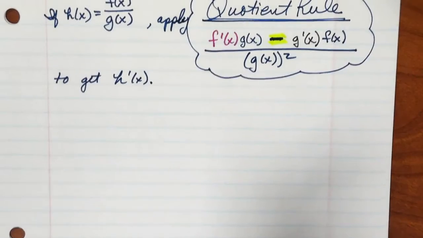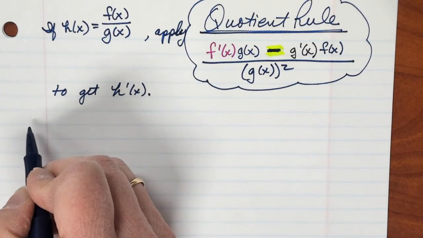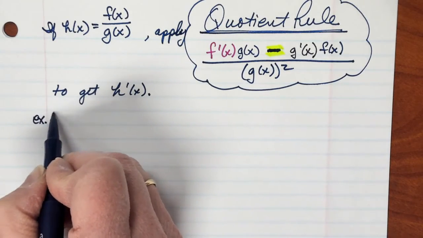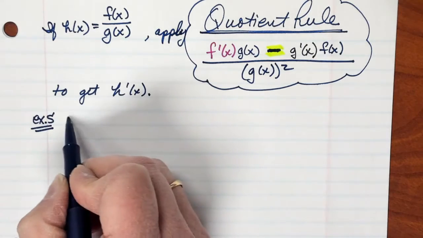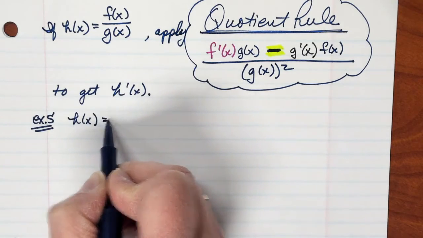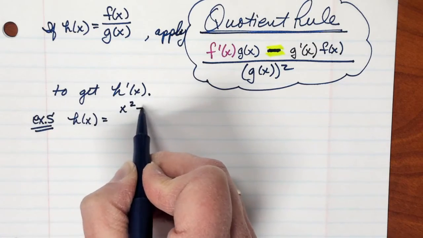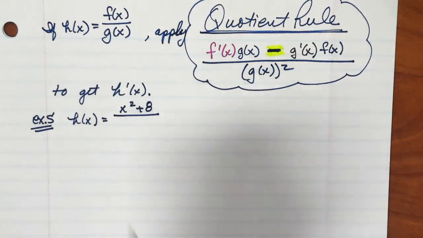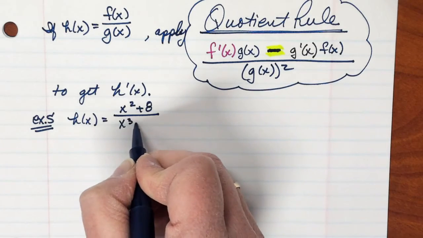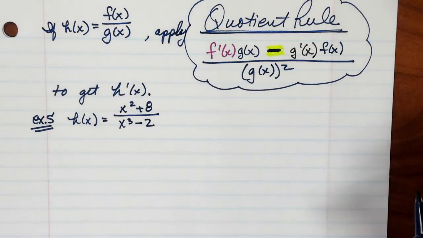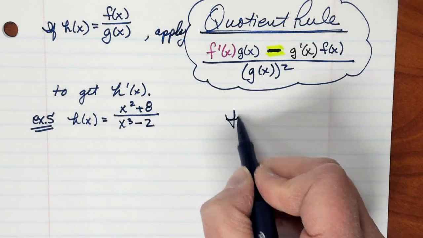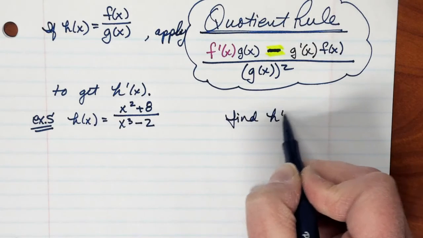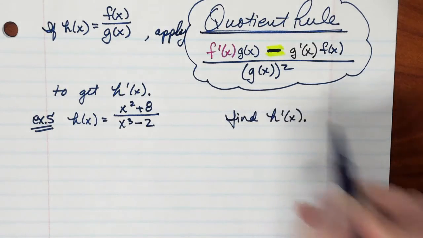Let's do an example. This is example 5. If we have function h that is x squared plus 8 divided by x cubed minus 2, I want you to find the derivative of h.